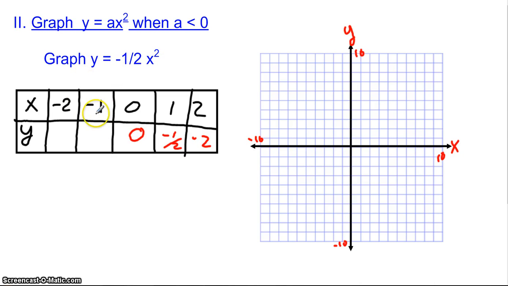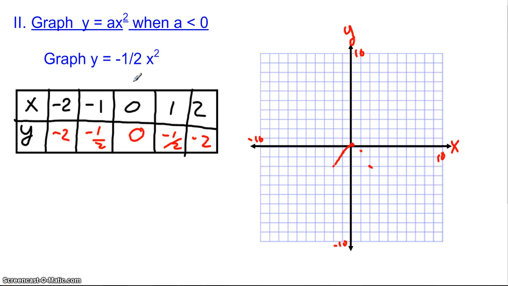Plug in a negative 1 and we end up with negative 1 squared is positive 1, so we get negative 1/2 again. And we plug in negative 2, and when it's squared it becomes 4, and 4 times negative 1/2 is negative 2. When you graph these, you probably saw that we have 1 and negative 1/2, 2 and negative 2.